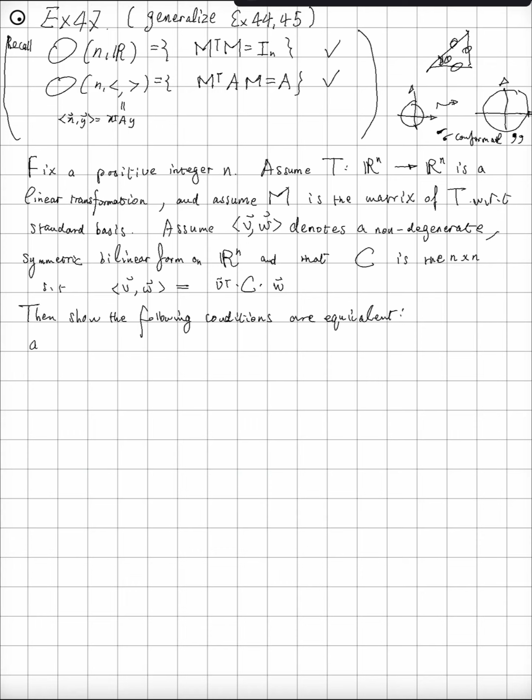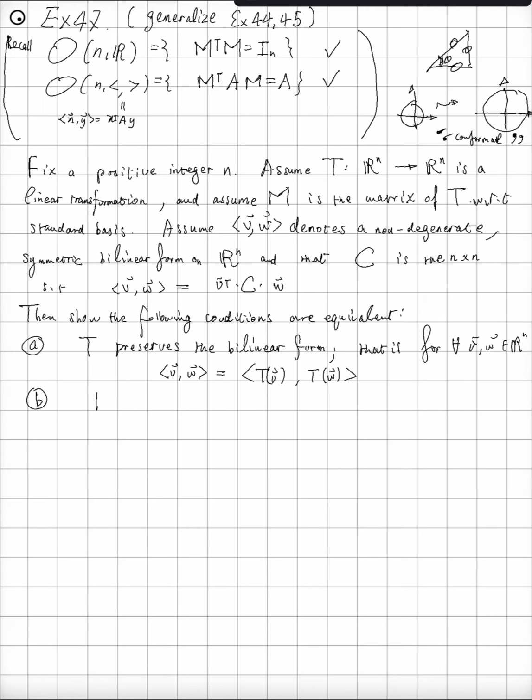Firstly, this linear transformation preserves that bilinear form. That is, for any V and W in R^n, the bilinear form of V and W equals the bilinear form of their images.